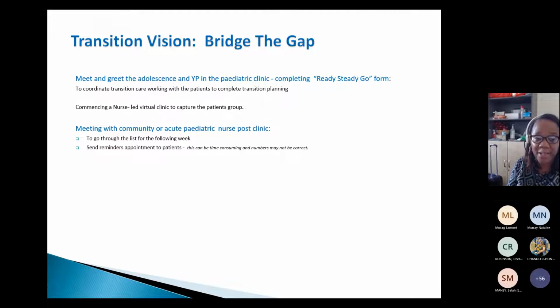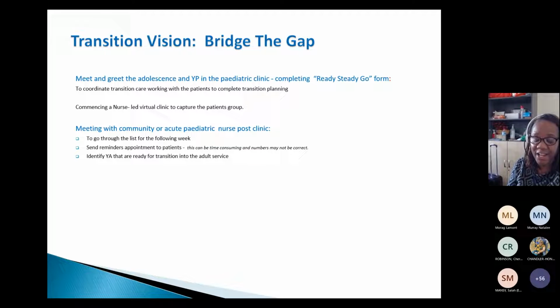And again, it's about meeting the community nurse, sitting down, going through the list for the following week, sending out reminders for the patients, because as you're aware, patients do DNA, and sometimes, unfortunately, patients forget, parents forget. So it's also about trying to remind them. And again, that can be quite time consuming.